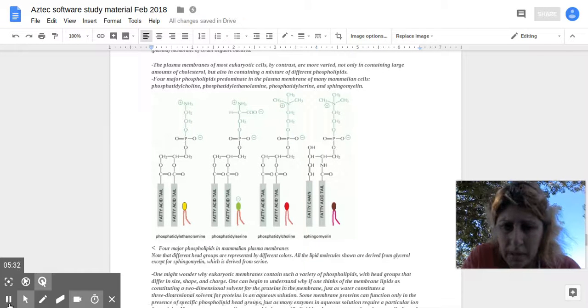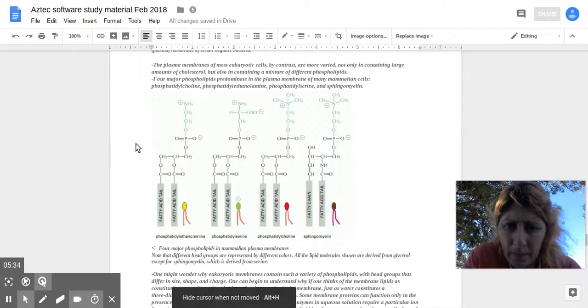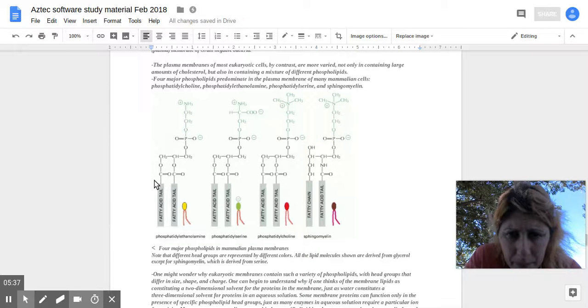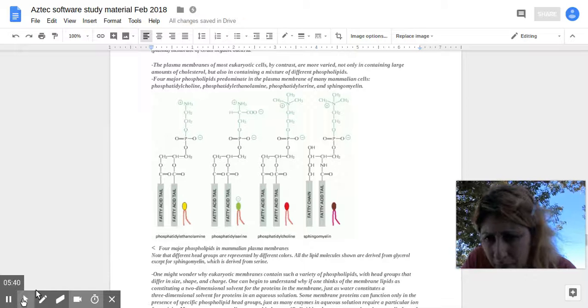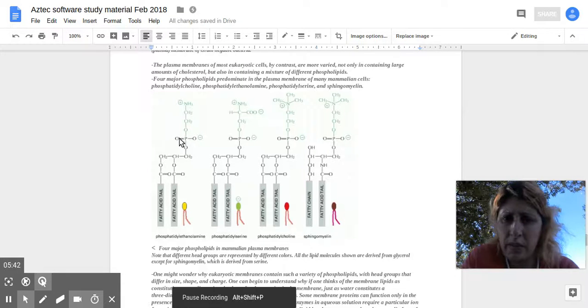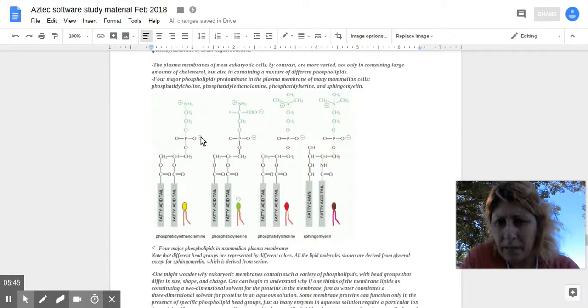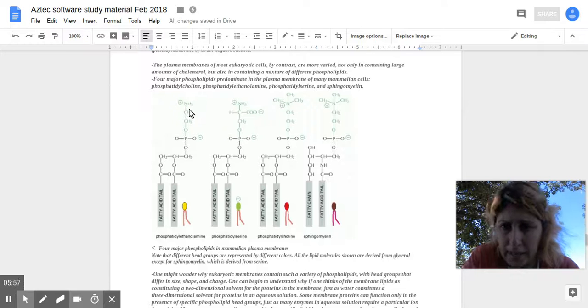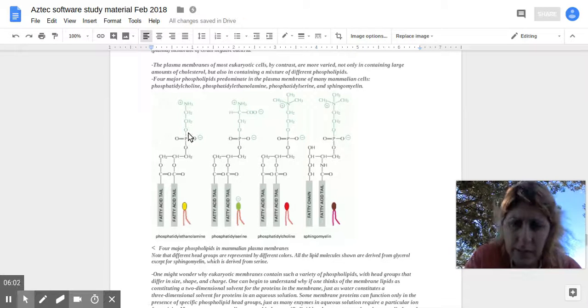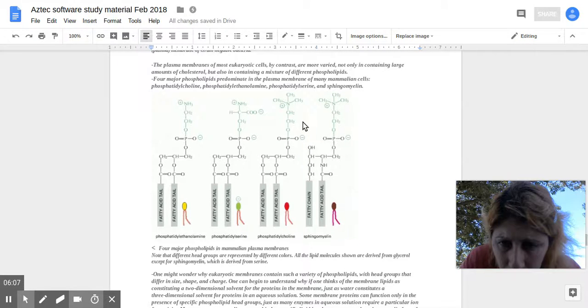As you can see, these are also called alcohol groups. So phosphatidylethanolamine has an NH3 group, two CH2 groups, so they all bind via an oxygen and a CH2.